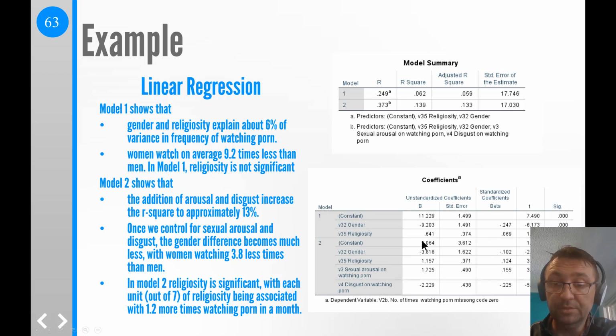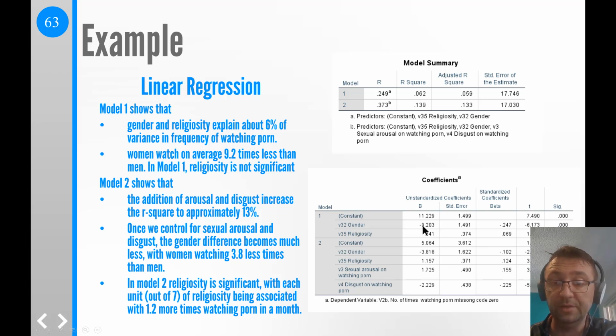What do the actual models say? So remember, the first thing you do is look at the significance. Religiosity is here not significant. So in this first model, religiosity has no significant effect. Just note that it's positive, but it's still not significant.